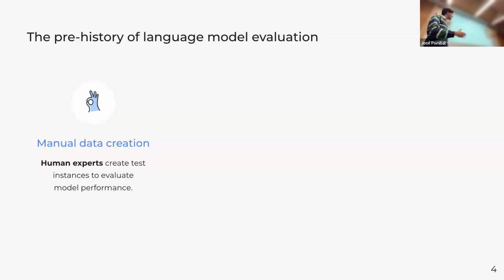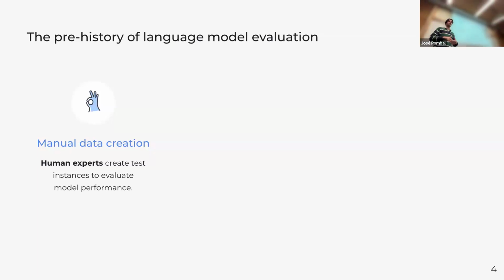But to give you a bit of context, usually how a benchmark is created is you have a certain task, let's say translation, and we reach out to human experts and ask them to create a set of interesting instances to evaluate model performance. So for translation, that would be sources, like sentences, documents, what have you, in certain languages.